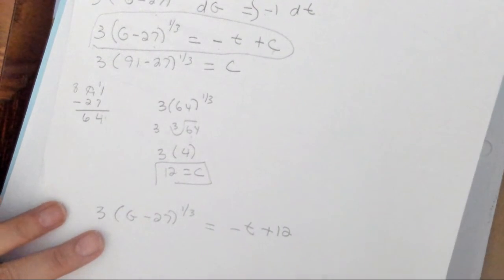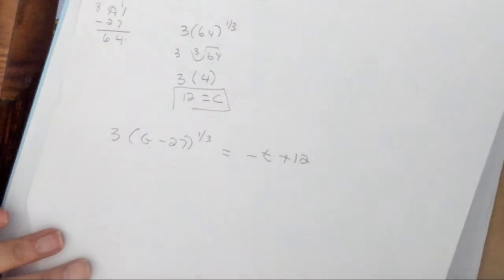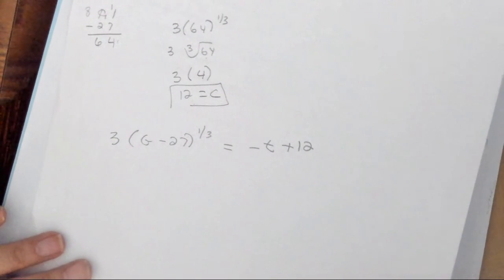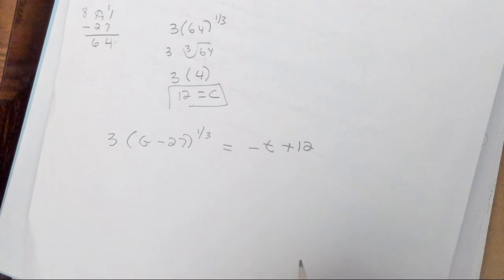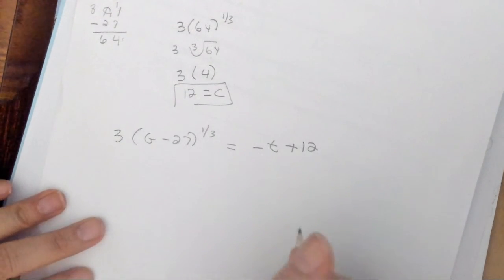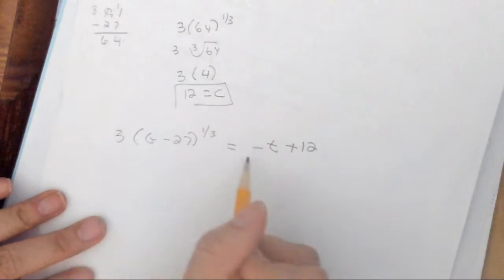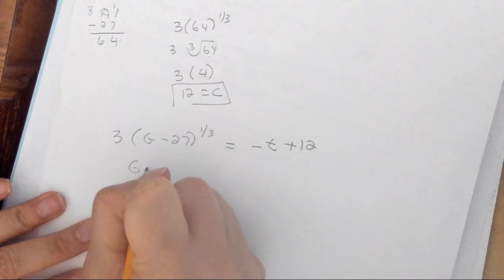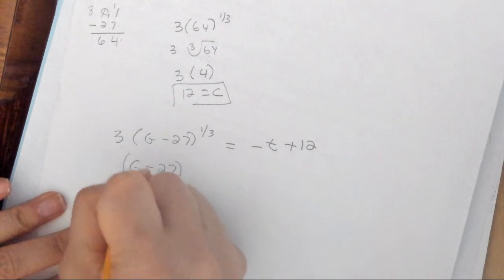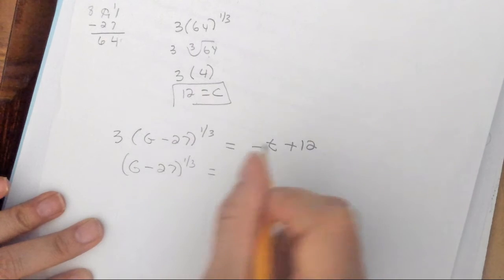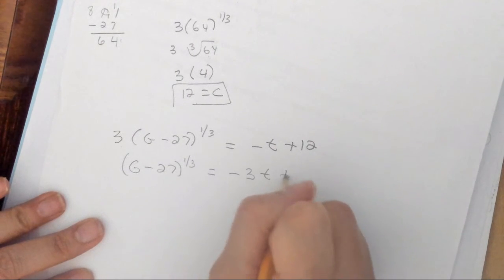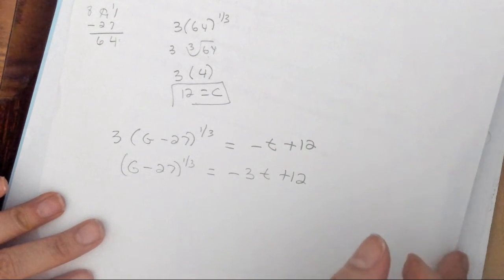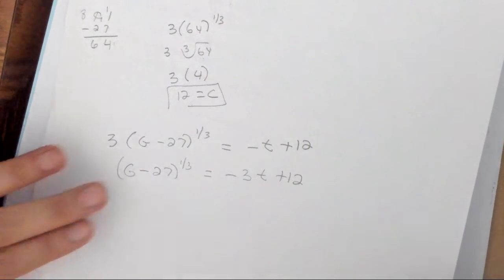And now let's get g by itself, so that we solve for g. I have 3 here. Let's divide by 3. (g minus 27) to the 1/3 equals (-t plus 12) over 3. Well, let me not forget.